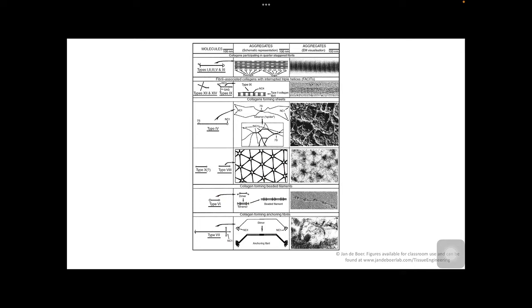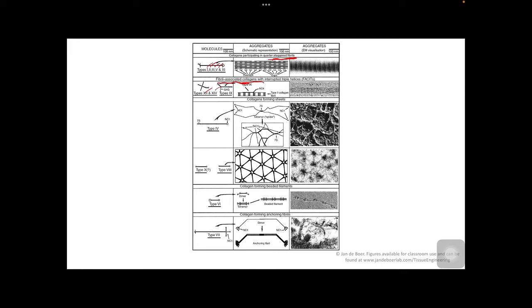These are the different types of collagens. We're not going to dive a lot into that. You have collagens that make fibrils, like collagen types 1, 2, 3, 5. Collagens that are associated to fibrils, as you can see here, 12 and 14.